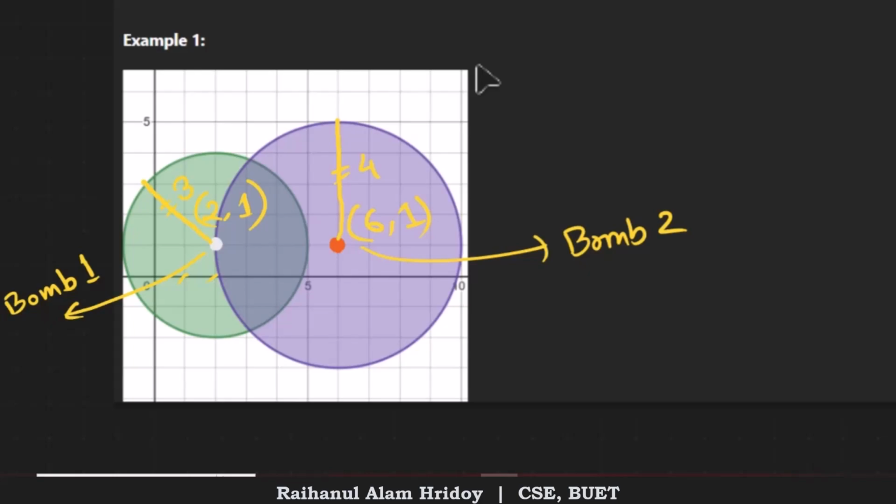So we can see from here that each bomb can be identified by 3 values: xi, yi, and ri. For each bomb we have these 3 values.